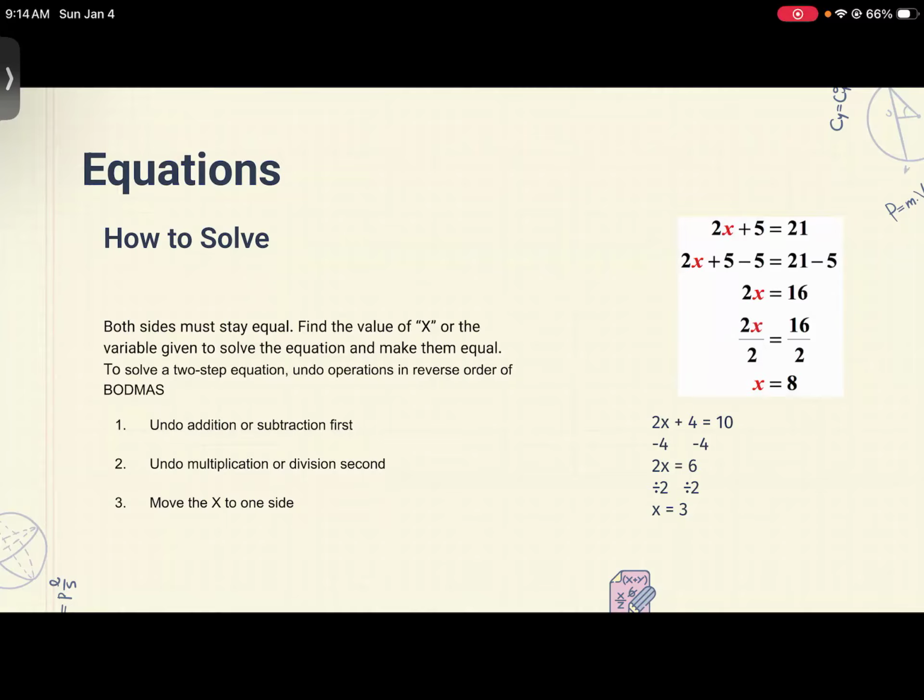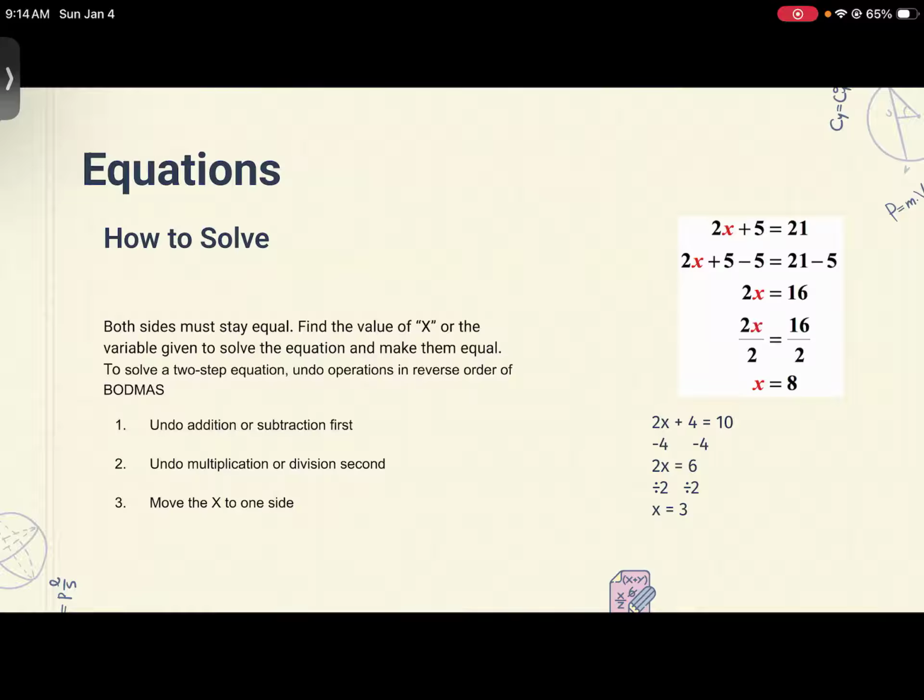And then there are 2 examples on the right. So because we're doing in the opposite order of BODMAS, you can see here that we subtract 5 first from the 2x plus 5 equals 21, and then 2x would equal 16. So then we divide by 2 next, and doing this would give us a value of x equals 8.